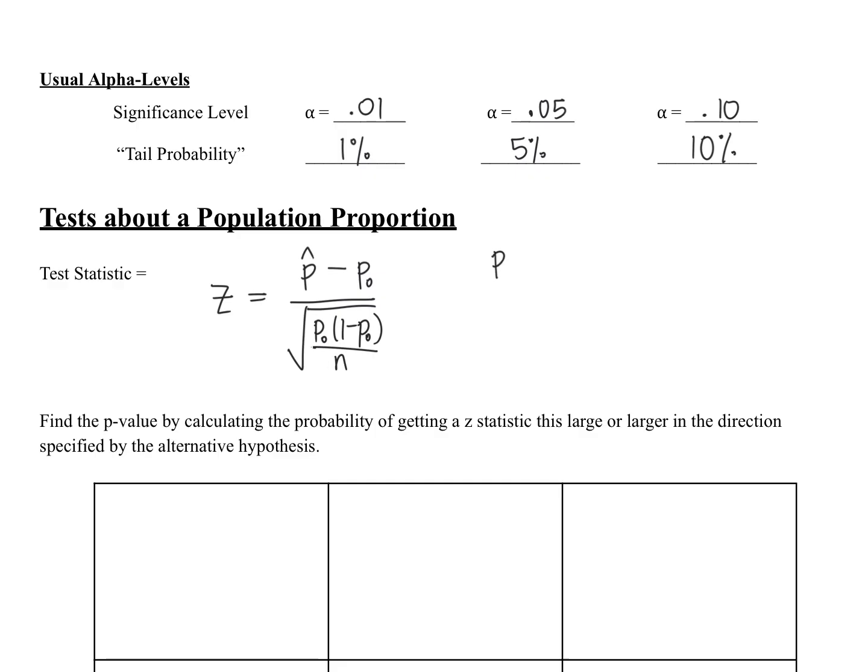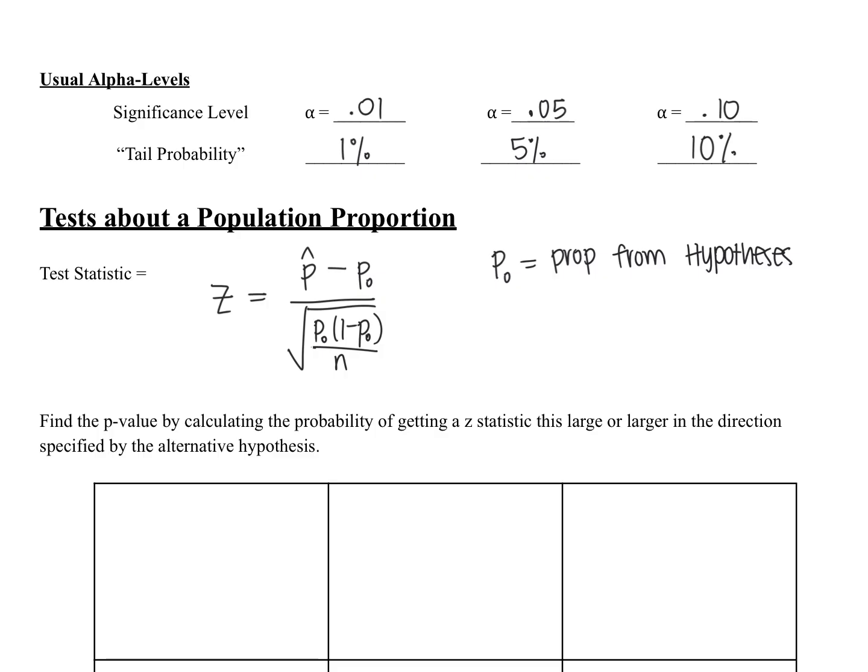It is important here that we use the proportion from your hypotheses, because it is a claim about the population. So we have to use it when calculating our standard deviation. When we calculate our test statistic, we take our sample proportion, subtract the population proportion from our hypotheses, and calculate the standard deviation based on the hypothesis.